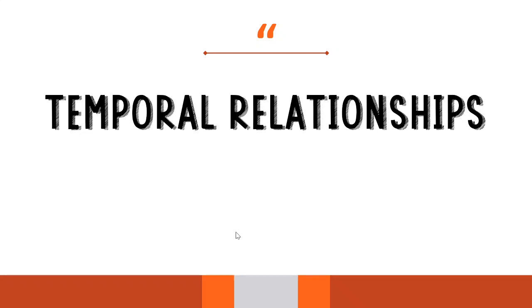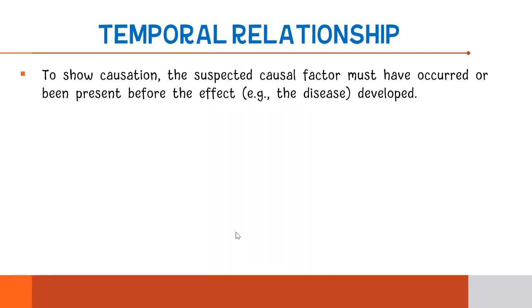Now, when we say temporal, this actually refers to time. And to show causation, the suspected causal factor must have occurred or been present before the effect or before the disease developed. Now, if you read this line, this is actually very common sense.